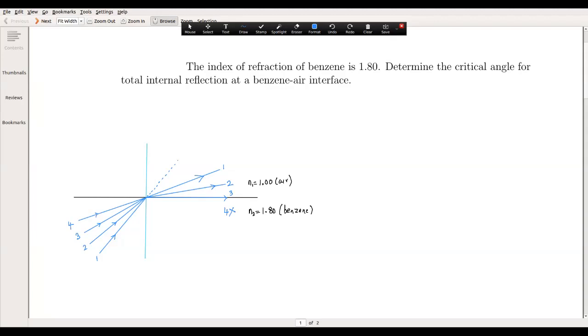All these rays can reflect also, right? So maybe I should point that out clearly. Each of these rays has a reflection part also. So that's your reflection, angle of incidence is equal to angle of reflection. So that's 2, that's 3, and that's 4.